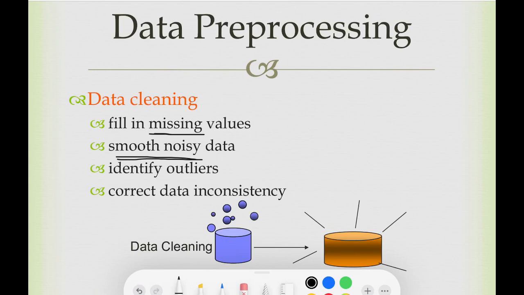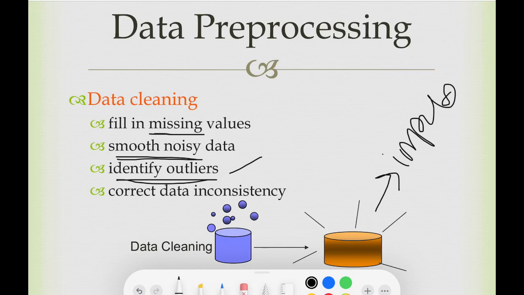We smooth the noisy data and then we identify the outliers. This one sebenarnya kita dah discuss previously dalam slide yang kedua, the second slide. And then we need to correct all of the data inconsistency. So once we have done the data cleaning, then only this data can be input to our model, for example, classification or clustering.